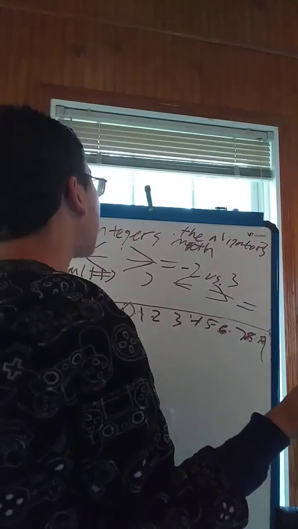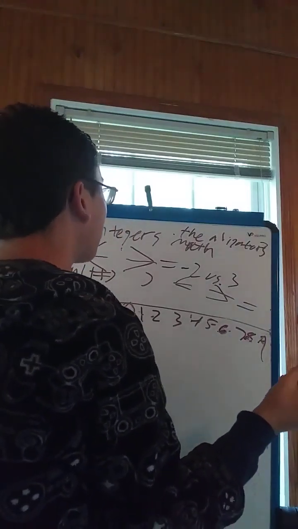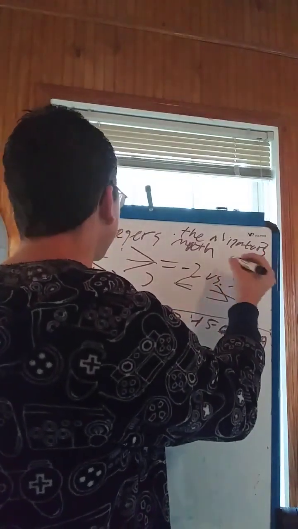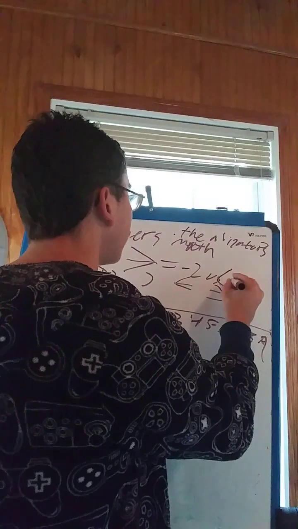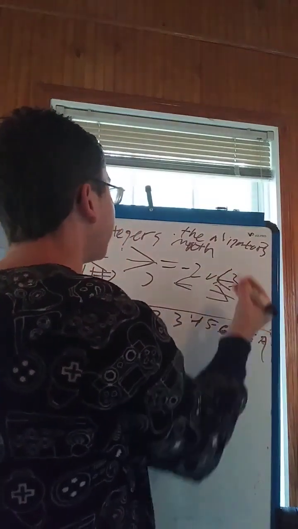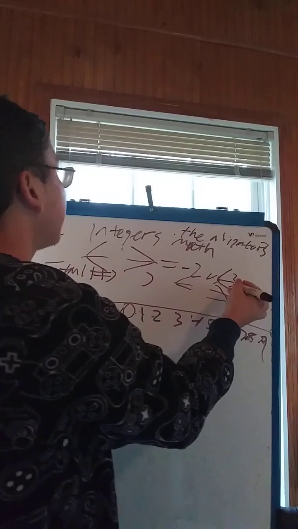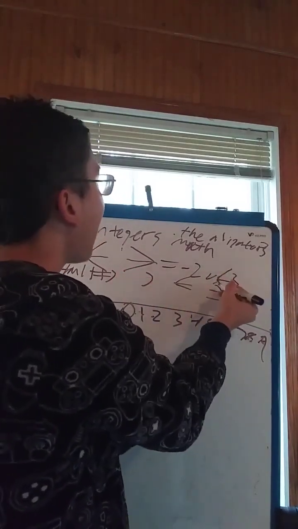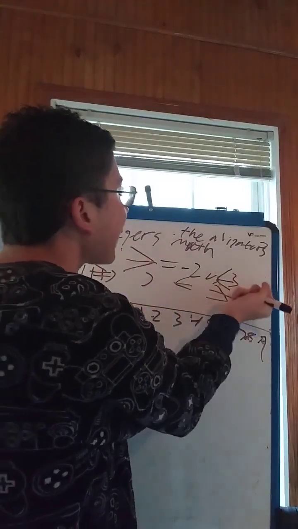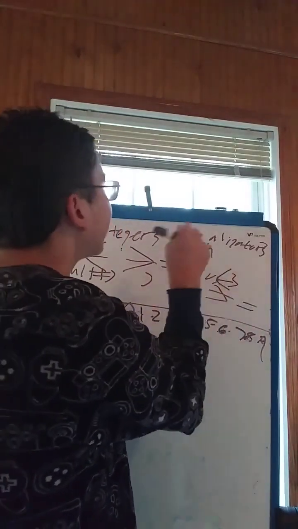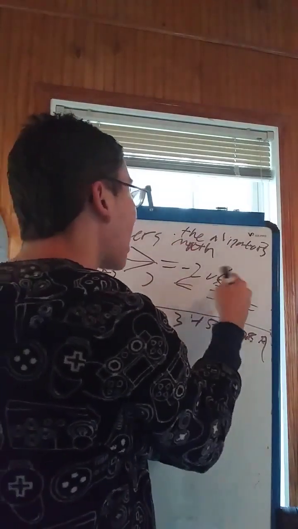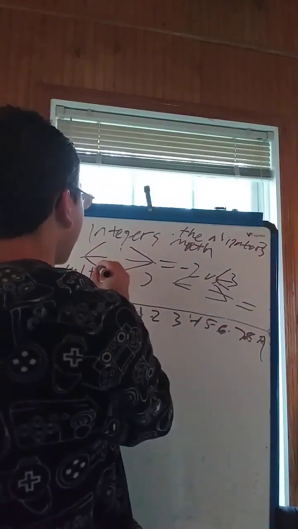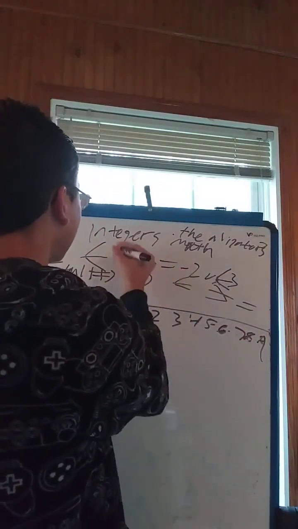So 3 is obviously a bigger number. So we would use this mouth here. So 3 is a greater number than -2. You can say that the shape of the mouth is eating in this direction, eating the 3, and I didn't turn it into a negative. So this mouth has to be eating the bigger number.